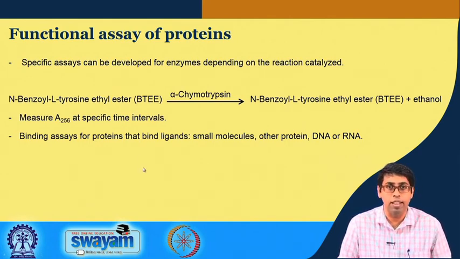Similarly, binding assays can also be developed for proteins, and depending on whether the protein binds a small molecule, or another protein, or nucleic acids, different assays can be developed. We have one lecture where I will discuss these protein ligand interactions and the experiments that can be done for protein ligand interactions.